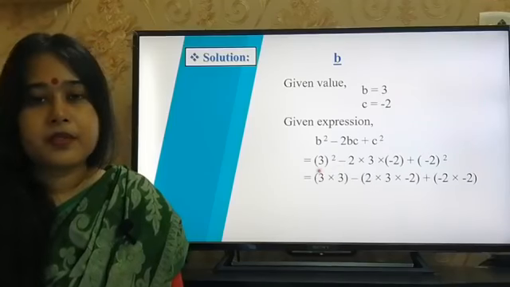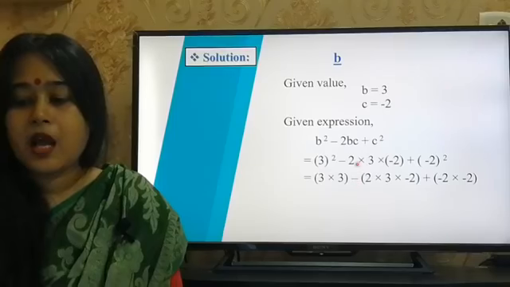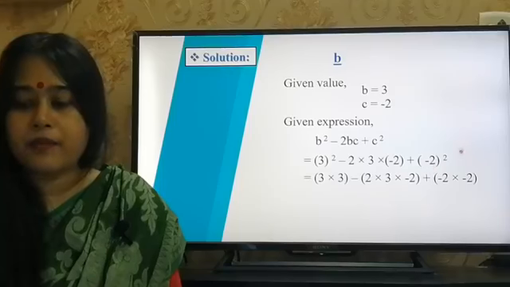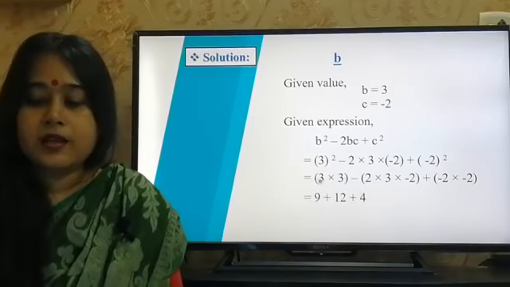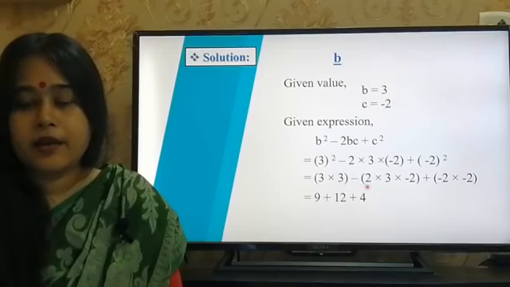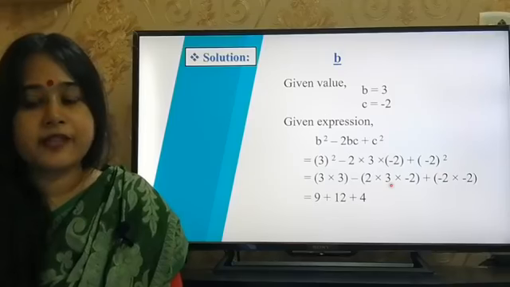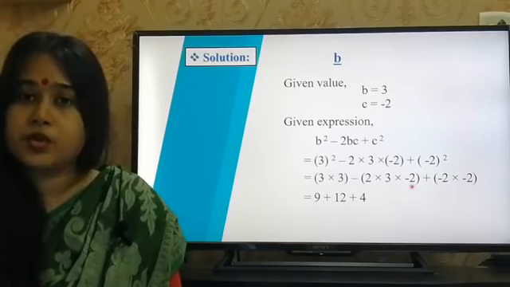3 square means 3 into 3 minus 2 into 3 into minus 2 plus we have minus 2 square means minus 2 into minus 2. 3 into 3 we have 9. Here you observe carefully. 2 into 3 we have 6. 6 into minus 2 we have minus 12.